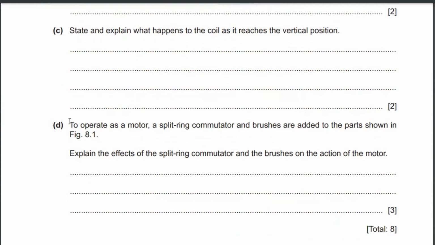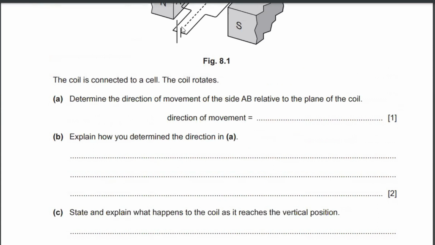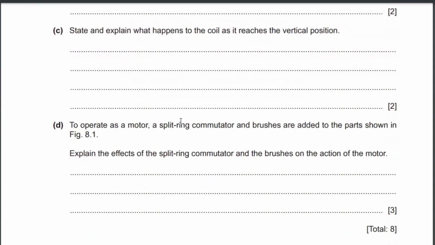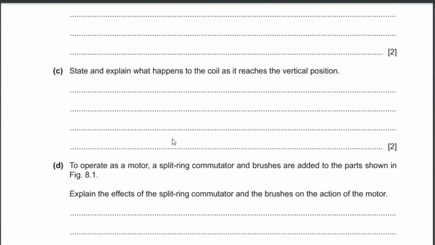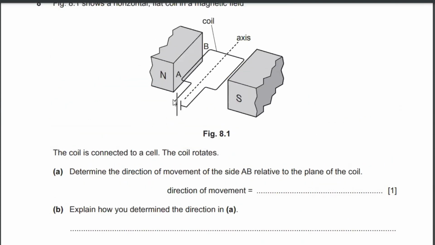And the next question is, to operate a motor, a split ring commutator and a brush is added. In this diagram, there is no brush and no commutator. When we add them, we have a motor added to the part shown in figure 8.1. Explain the effects of the split ring commutator and the brush on the action of the motor. We are adding the commutator just to change the direction of the current in the coil. We want the current from the battery to flow in just one direction, from let's say left to right, which is the positive, and the right is the negative.